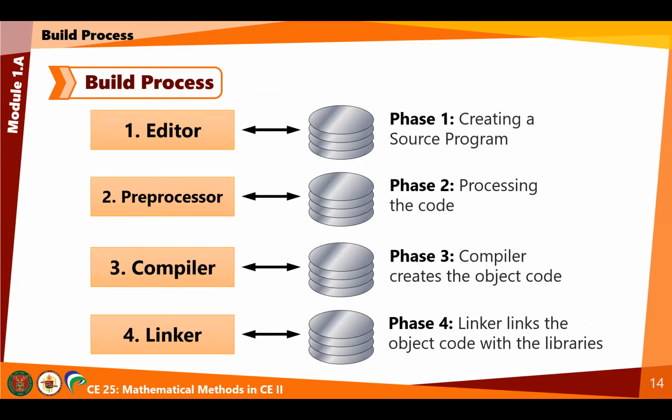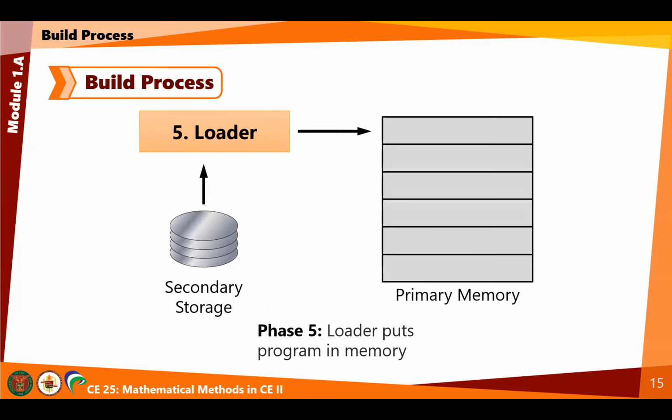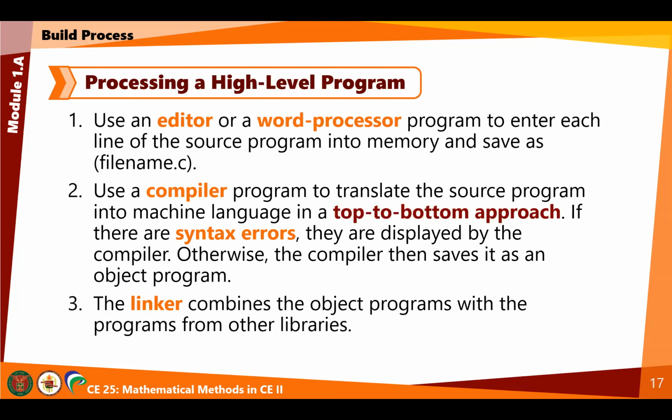Basta it links to other libraries. And then your loader, ito na, producing an executable file. And then it executes now once na-produce na yung executable file. And okay na tayo dito.